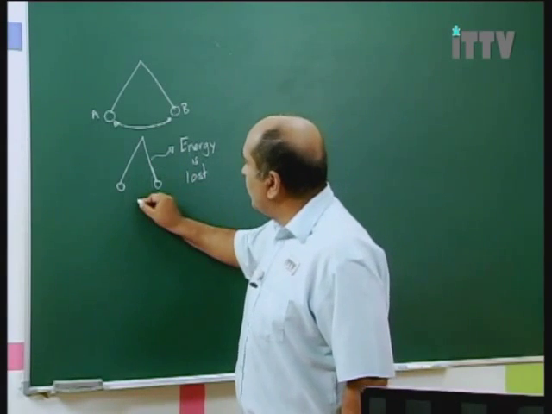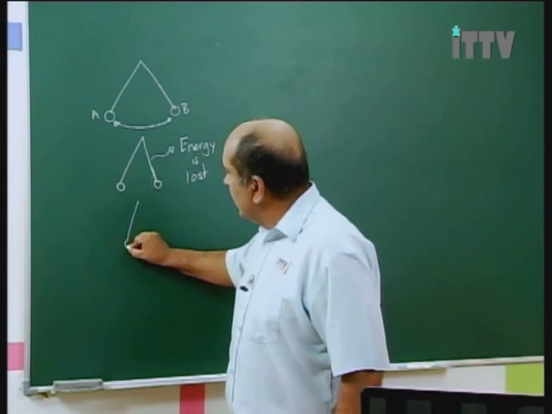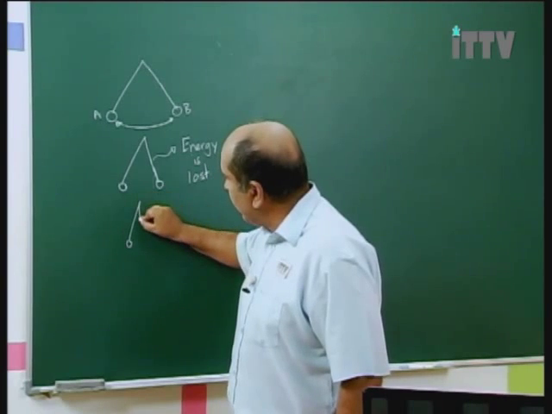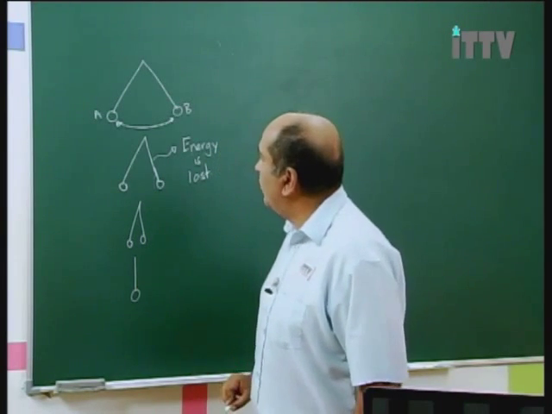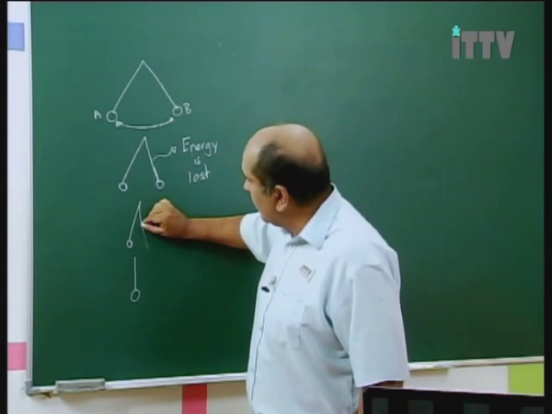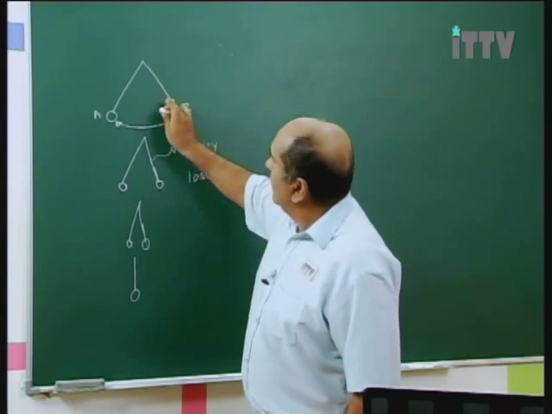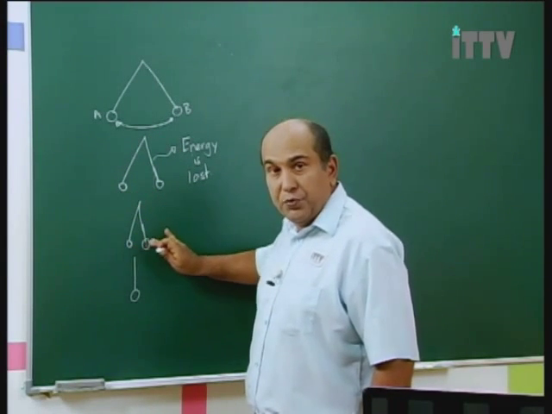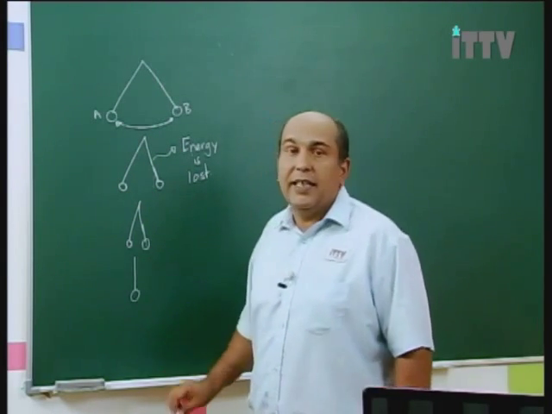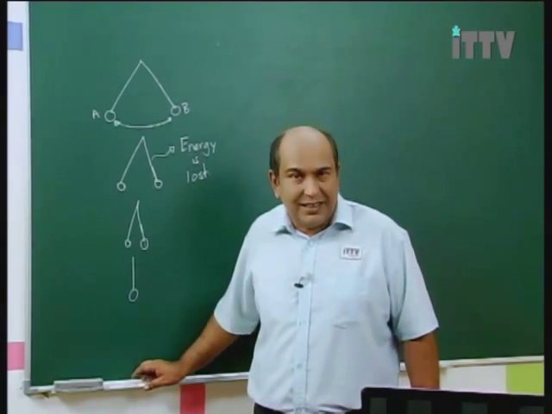So finally the pendulum is hardly going to swing at all until finally the pendulum comes to a stop. So you get a sequence of a large amplitude, a smaller amplitude, and even smaller amplitude till finally the amplitude becomes zero.